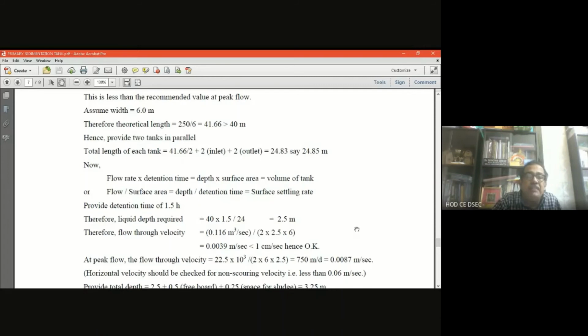So from this equation we get flow by surface area equal to depth by detention time. A very fundamental equation.